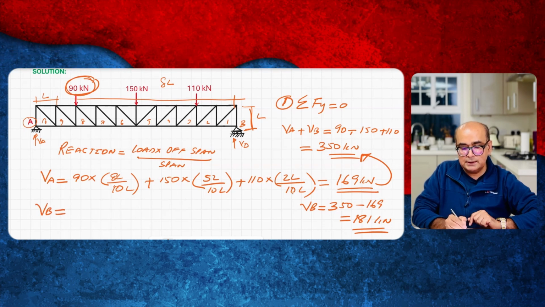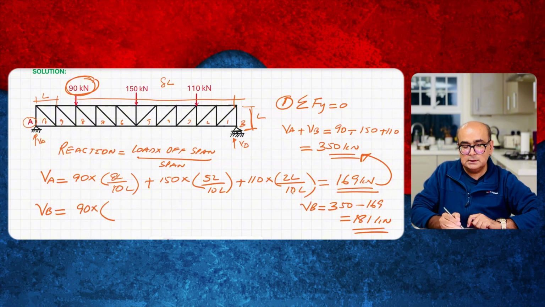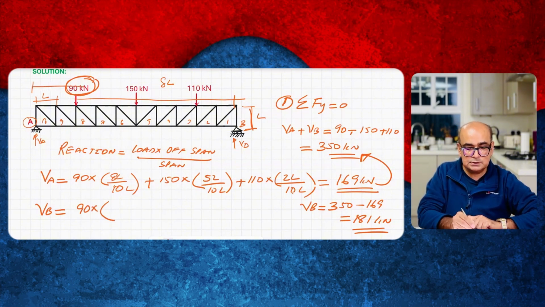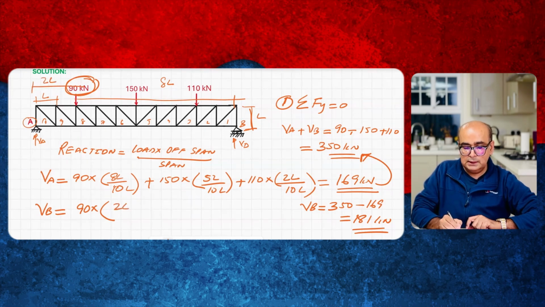So now I will start again with VB. For VB, again I will start with 90. So 90 times, now off span will be from 90 to A, which is this one, 2L. So I will say 2L divided by 10L, plus 150 will remain the same.